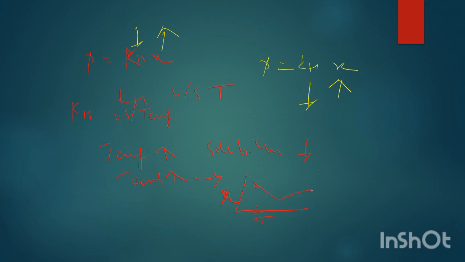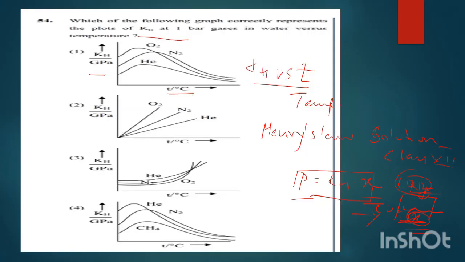So KH must be opposite: KH must first rise then decrease, since solubility and KH are inversely proportional. Therefore we have to find a graph where KH is first rising, then decreasing. So it happens in option 1 and option 4.